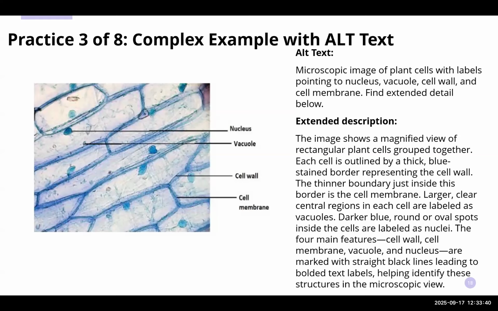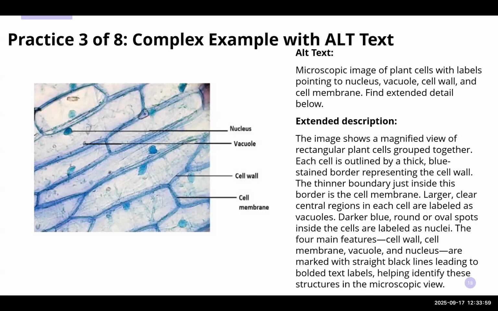The sample alt text for the plant cell image could be: microscopic image of plant cells with labels pointing to nucleus, vacuole, cell wall, and cell membrane. Find extended detail below.